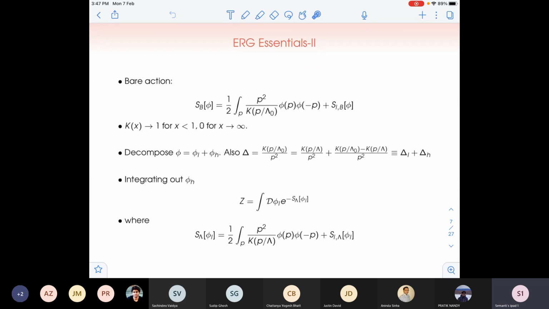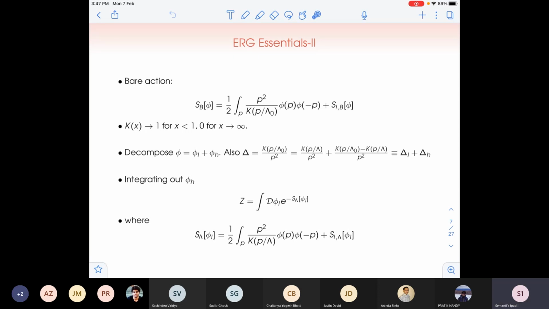Now, whatever I told qualitatively, I will tell mathematically in this slide. Suppose we are choosing a bare action, where we have chosen a cutoff function like K of p by lambda, and this is a theory at scale lambda naught. The property of K is such that it tends to 1 for x tends to 1 and 0 for x tends to infinity.